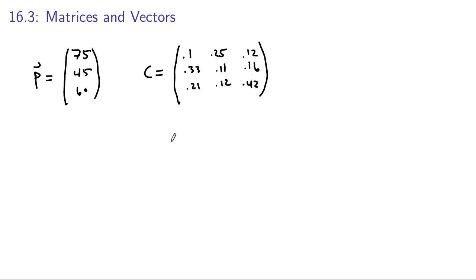And we're told to find C times P and then interpret the results. So P is the production in dollars, and C tells us the shares of the various sectors.